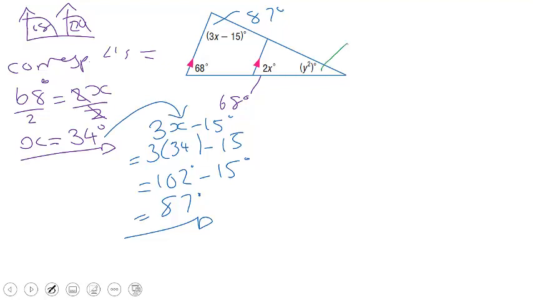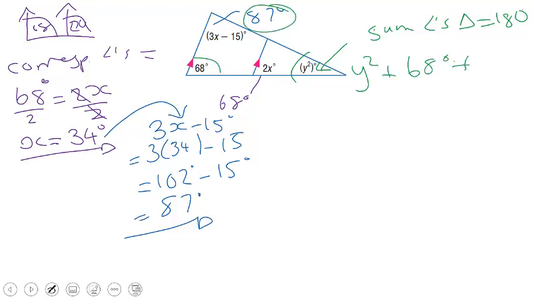And lastly, to calculate for y, I'm going to say the sum of angles in a triangle equal 180 degrees. So I'm going to start with y squared plus 68 degrees plus 87 degrees equals 180.